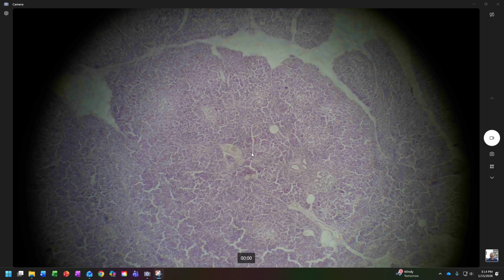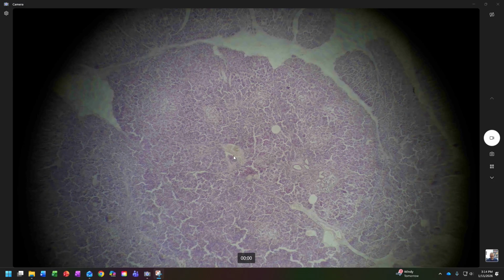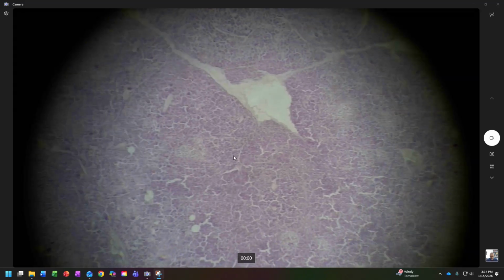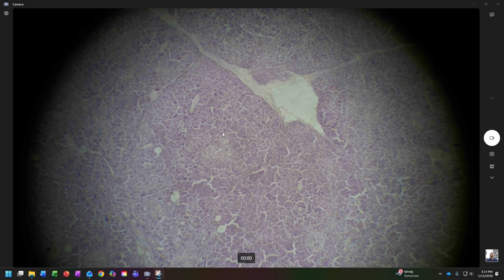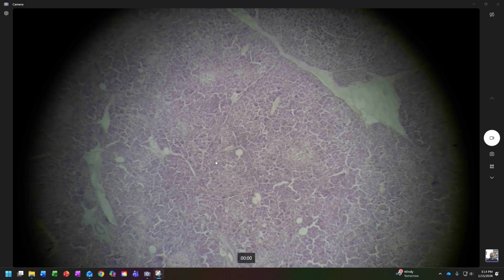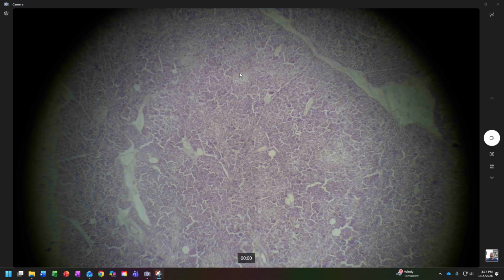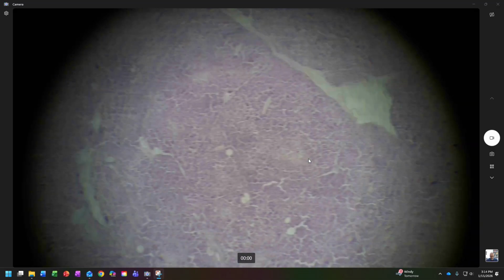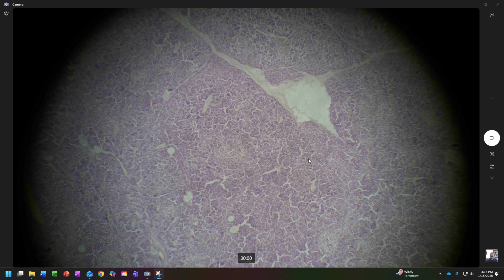That might be an islet. I do want to make sure you understand, I don't think this is going to be an islet. They're not that distinct. Typically, you kind of have to look for them. This might be one here, or right there. Maybe one right there. But this is not the best.